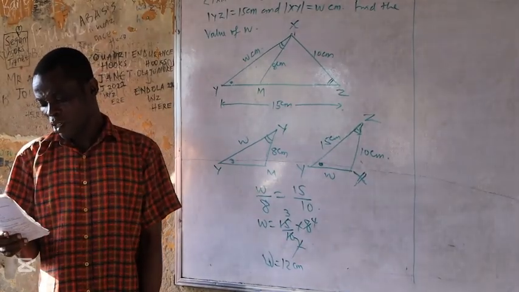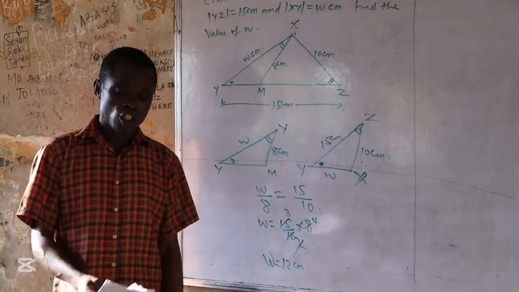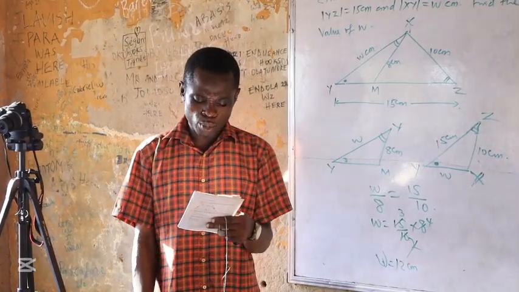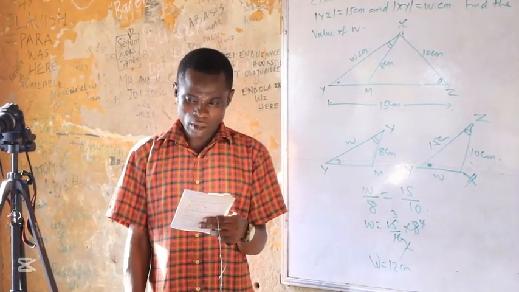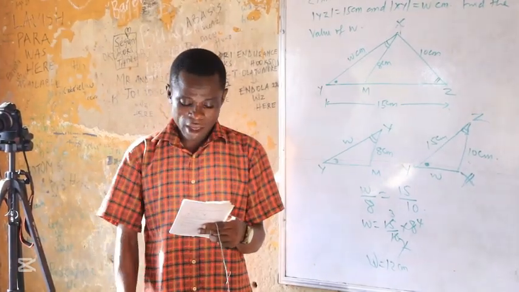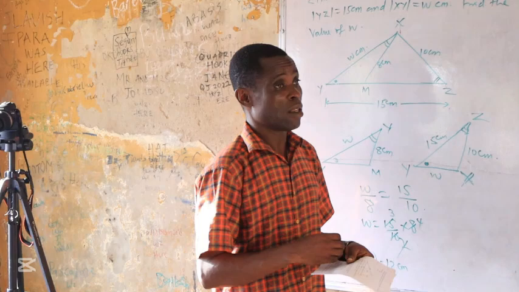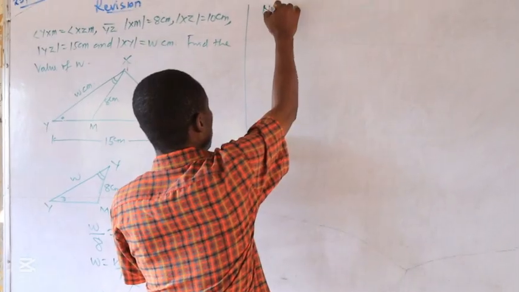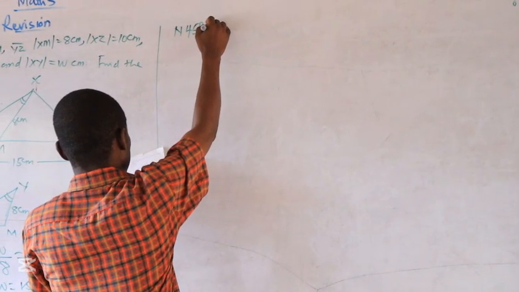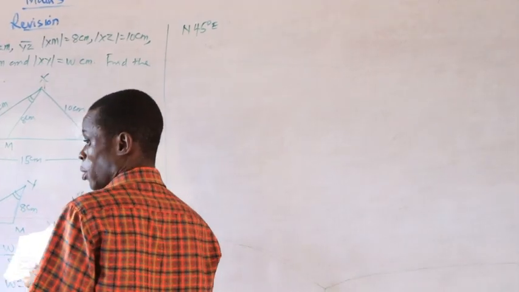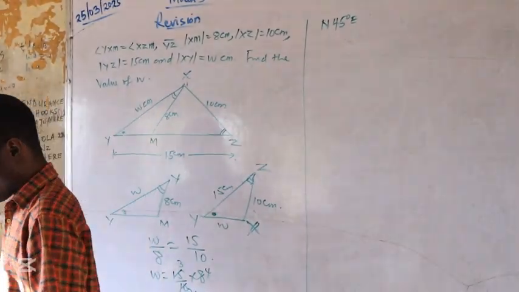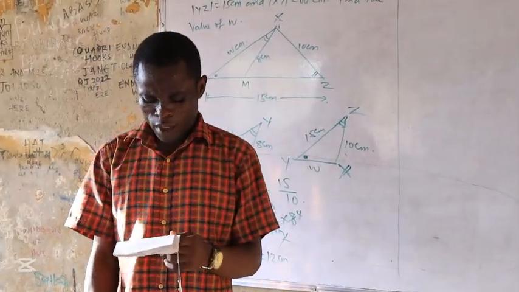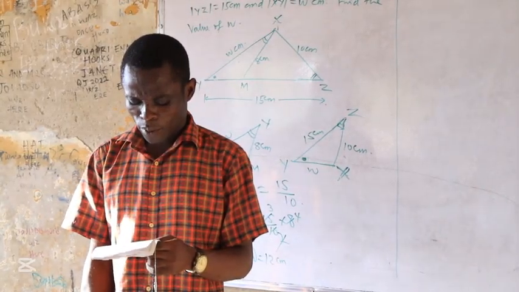A ship leaves port P and sails on a bearing of north 45 degree east to a point Q, 15 kilometer away. Full stop.